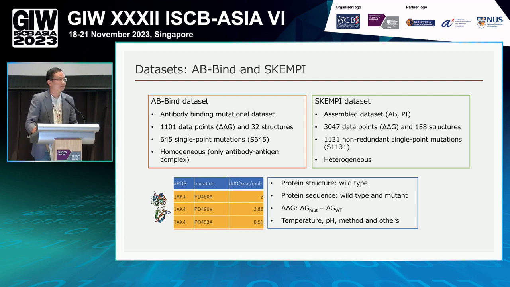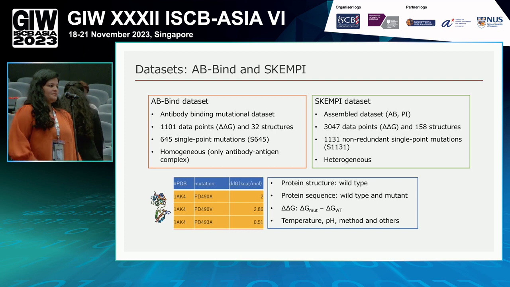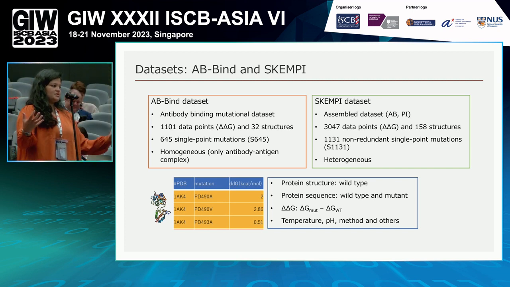Just a very quick question. Is this used for predicting the effect of the variants, or just for the binding affinity between two protein sequences?